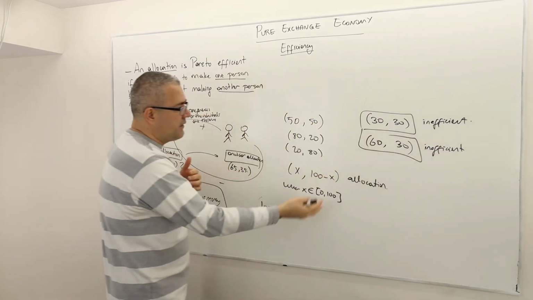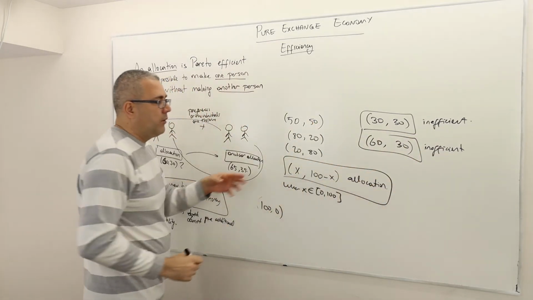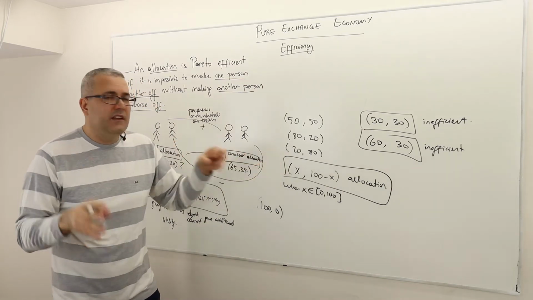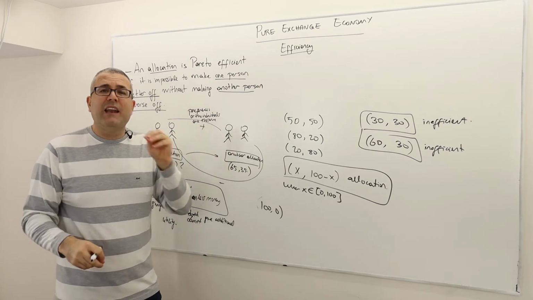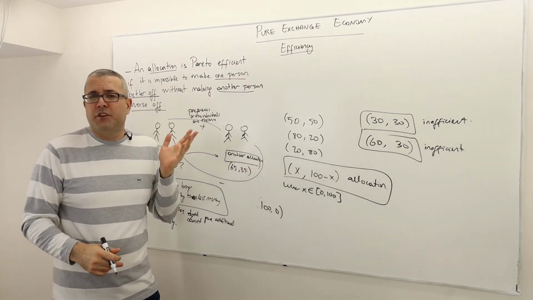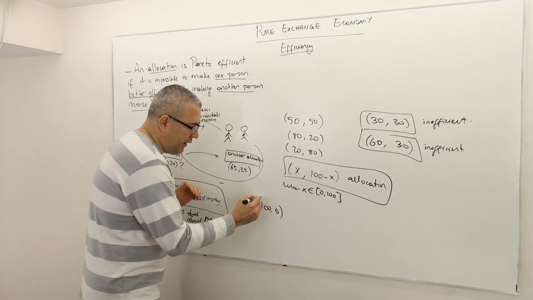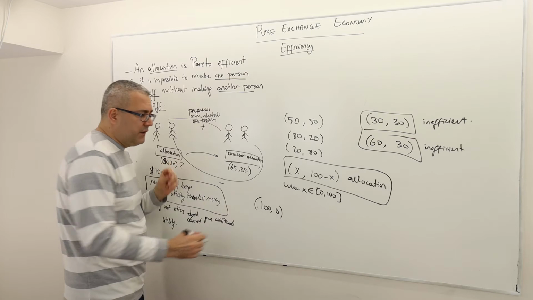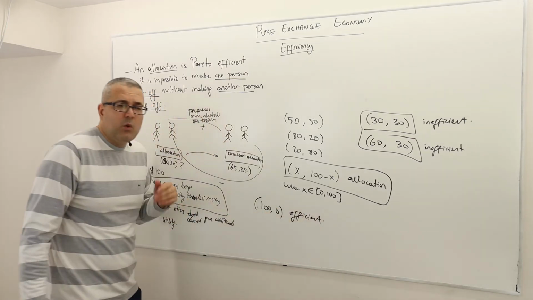Well, what about these guys? Well, all of those, meaning whenever Bob's share plus Anita's share add up to exactly 100, then that allocation is efficient. And here, there are infinitely many efficient allocations. All right? Well, I know it is highly unfair, but 100-0 is efficient. Agree? Well, why so?